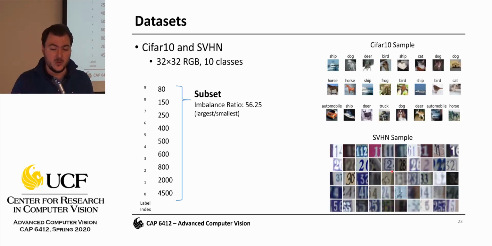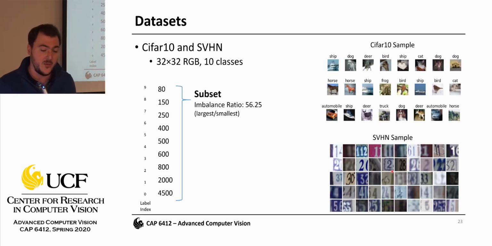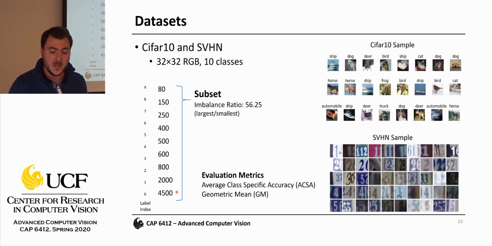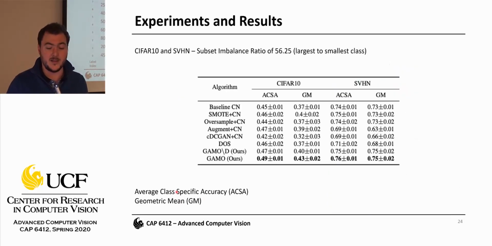Again, those data sets are balanced, so they artificially create a subset of imbalanced data by applying that division here, following the label index. And for both data sets, creating an imbalance rate of 56.25, using the same metrics to evaluate the quality of the method.